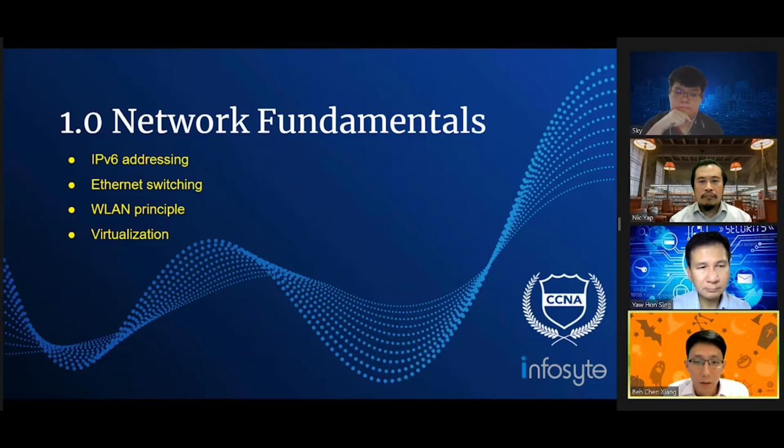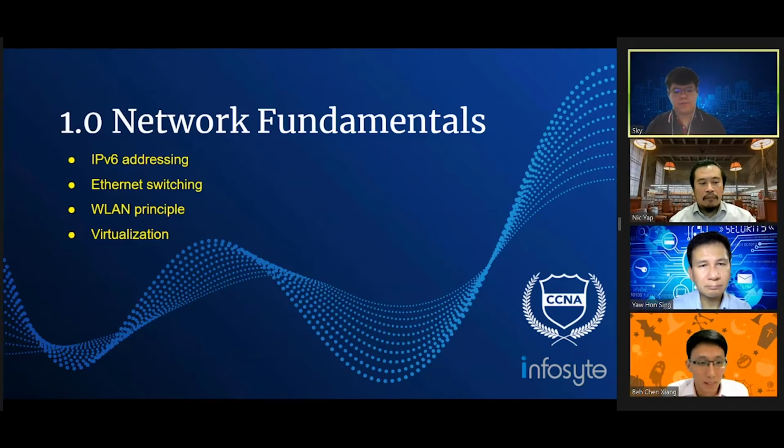Of course, we also cover the advantages of implementing virtualization in an IP network, such as having a virtual switch, virtual router, virtual firewall, virtual network devices. How can these be used? What are the advantages compared with physical network devices? So that's all for module number 1.